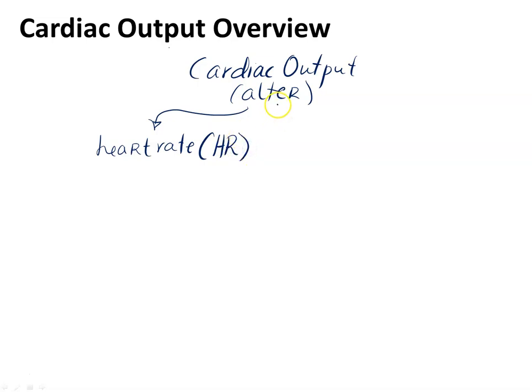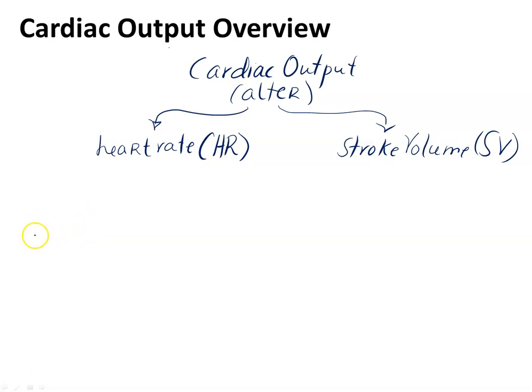And then we can also alter something called stroke volume, and its abbreviation is big S, big V. And stroke volume is how much blood is squeezed out of the ventricle.